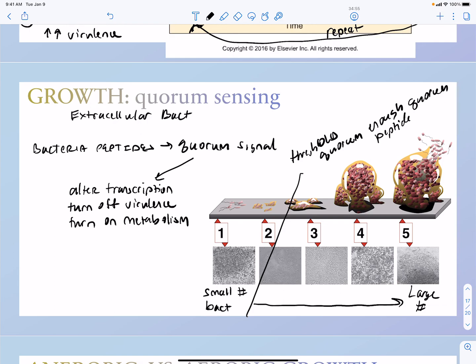So you have, for example, a single strep and it's making its own quorum peptide. And then it has 2 strep and 3, then 4, and now it has 1,000 strep. And now there's enough quorum peptide made by 1,000 strep to signal, hey guys, we have enough around here. Let's start switching our mission here. We're no longer virulent. Now we have a nice little colony, so we want to maintain our colony. And so this is all something internal to these bacterium with these quorum peptides.